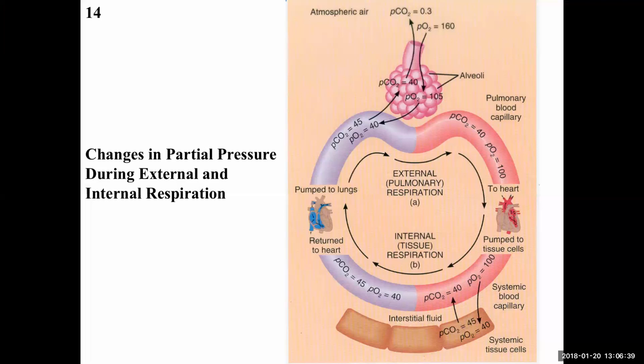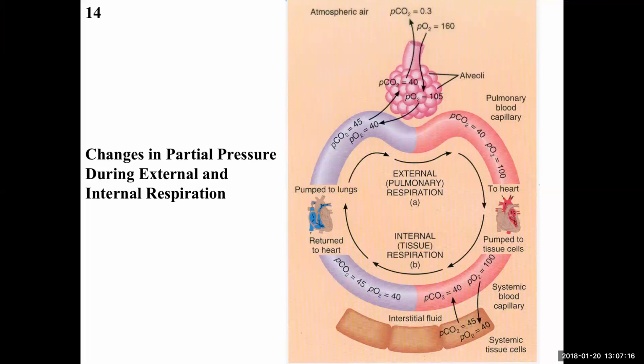Now, if you recall Dalton's law, the total pressure of a gas mixture is equal to the sum of the partial pressures of each individual gas that contributes towards the total. And so I just used that to calculate the partial pressure, as you just saw, for oxygen, which is 158 millimeters of mercury, and for carbon dioxide, it's 0.3 millimeters of mercury. So I can figure out the partial pressure based on the atmospheric pressure for each one of these gases, for nitrogen, oxygen, water, and CO2.